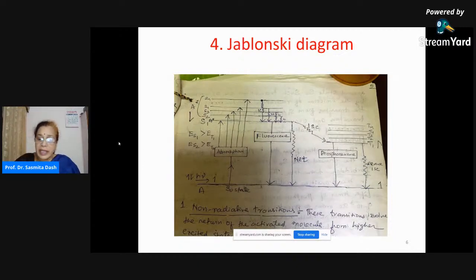In the non-radiative case, as we see, the molecule is present in the S0 or ground state. From this S0, we give h nu amount of energy by absorption so that the molecule can be excited to any one of the excited states.